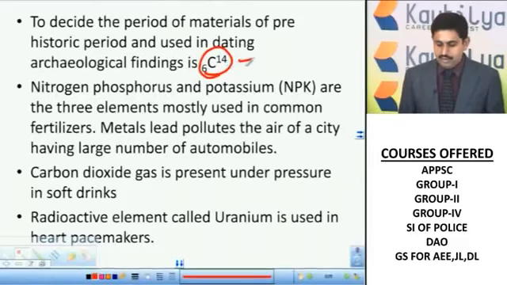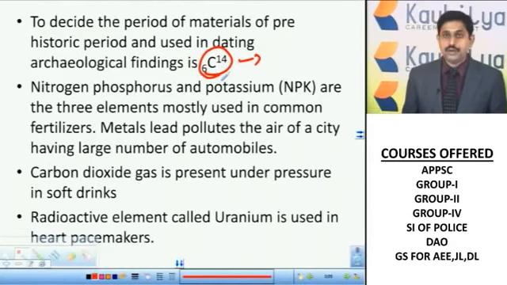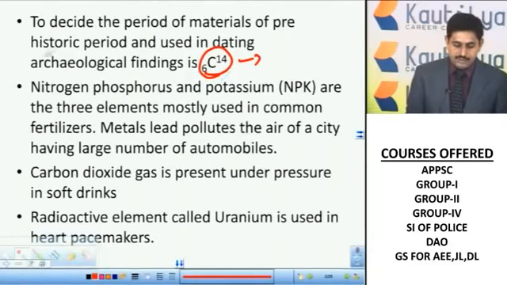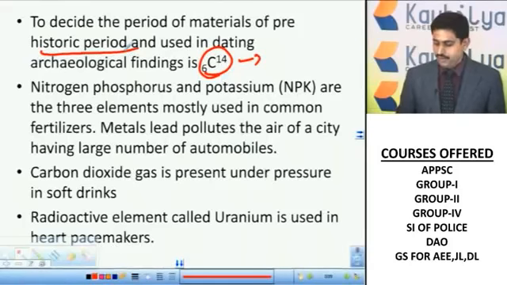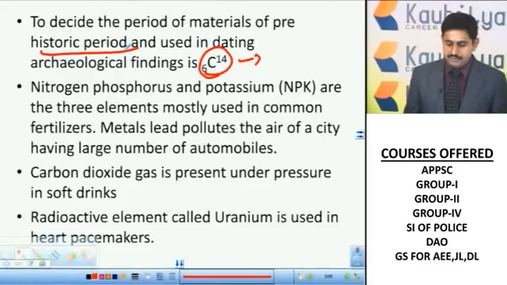This is called a radioisotope. It is useful for determining the age of historical objects, such as dinosaurs or particular plant species.